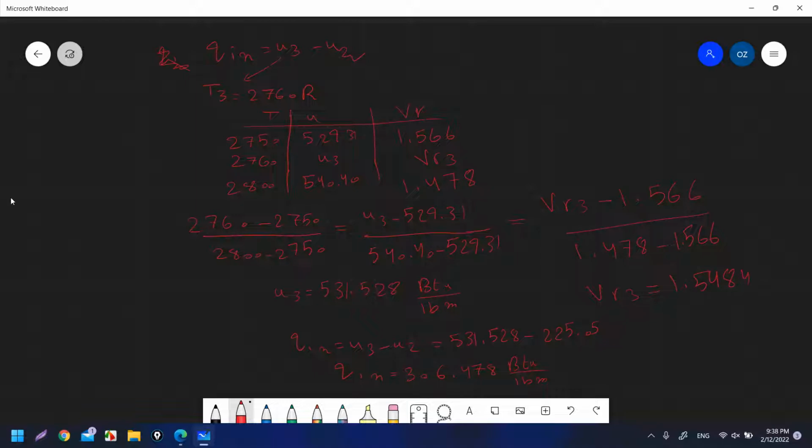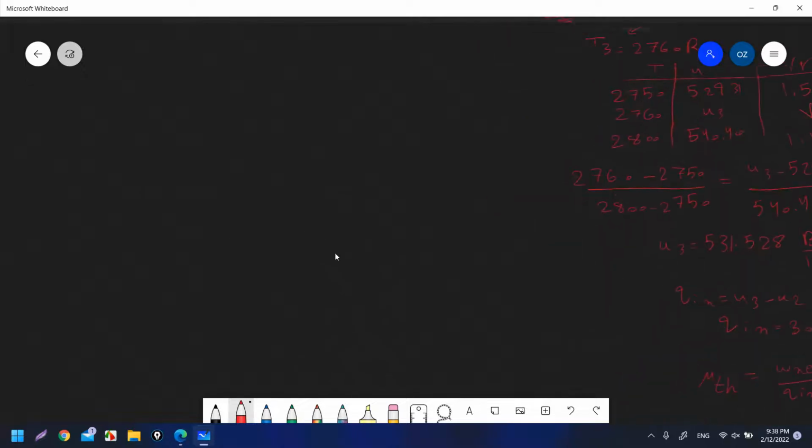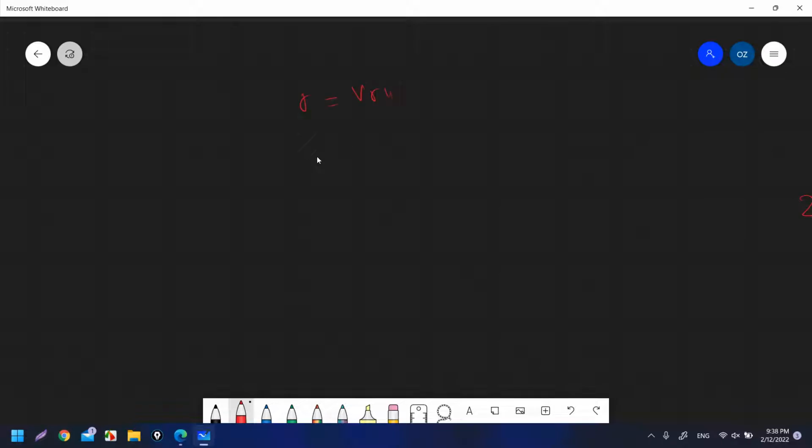So VR3 is equal to 1.5484. I will use VR3 with the compression ratio, so I can find VR4. So I will say that R is equal to VR4 over VR3. Then VR4 is equal to R times VR3. R is 8 and VR3 is 1.5484. So VR4 is 12.39. Okay.